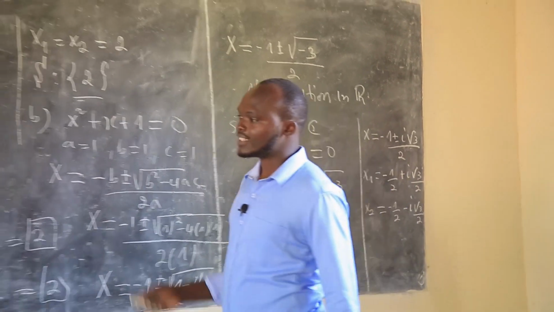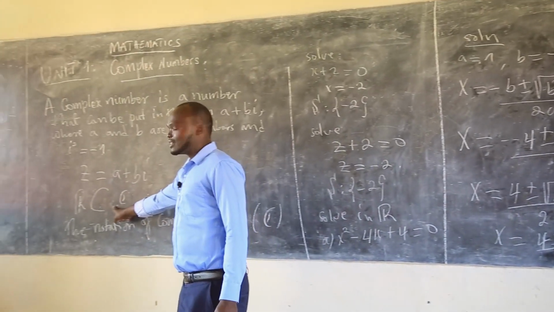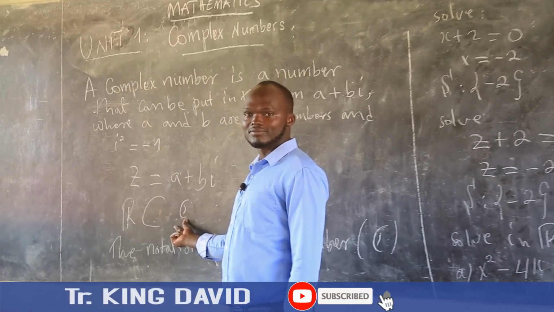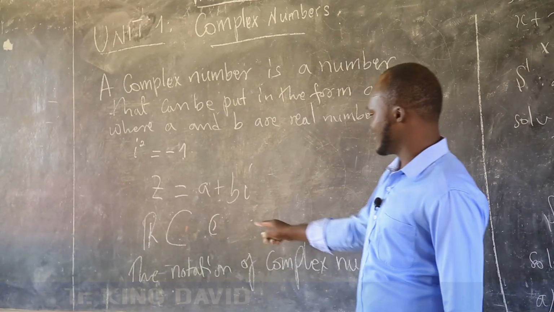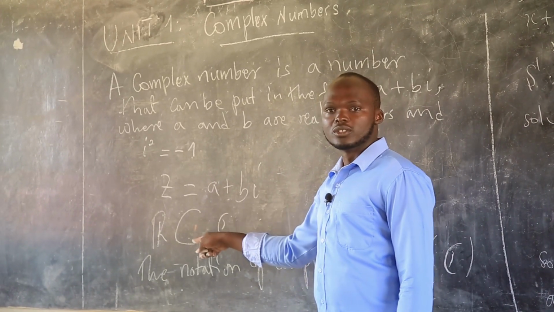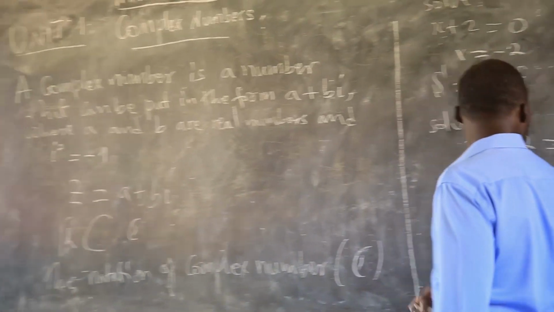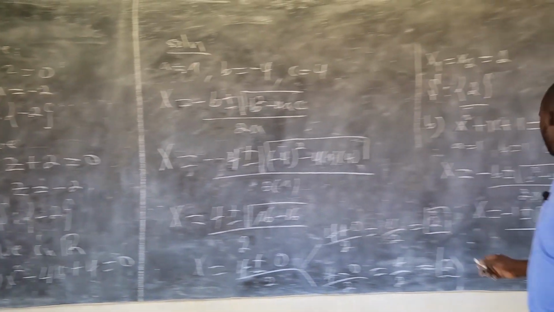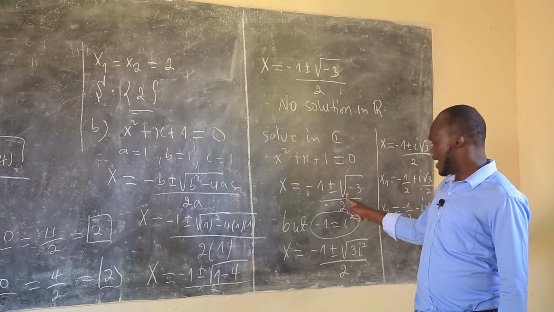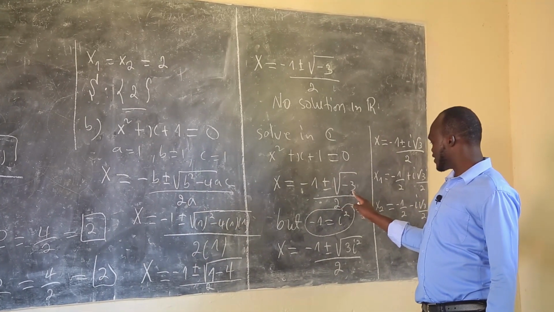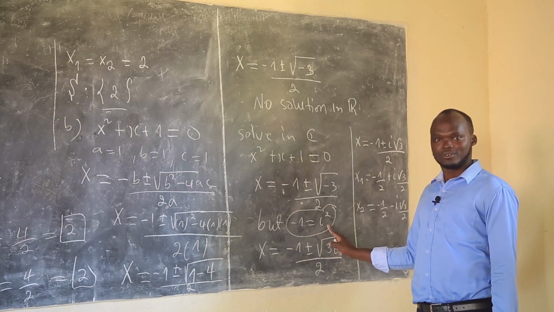So now, as I told you, the real numbers are a subset of the complex numbers. A complex number set is a bigger set when you compare it to the real numbers. It helps us to solve an equation where we have a square root of a negative number, like here, the square root of negative 3, because negative 1 is i squared.